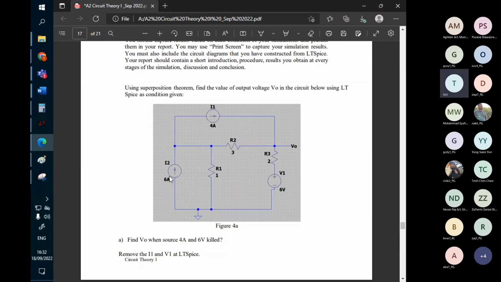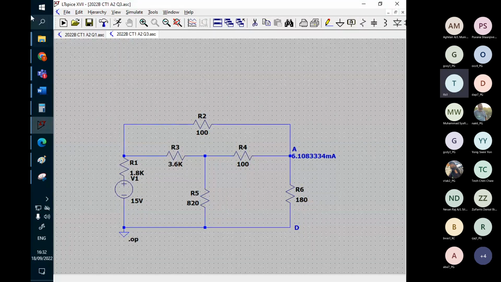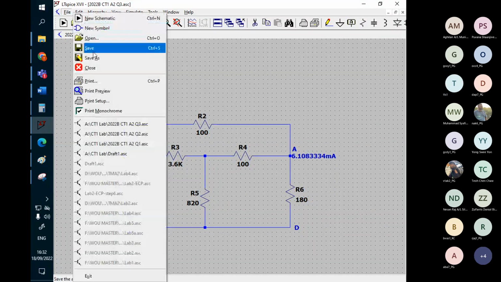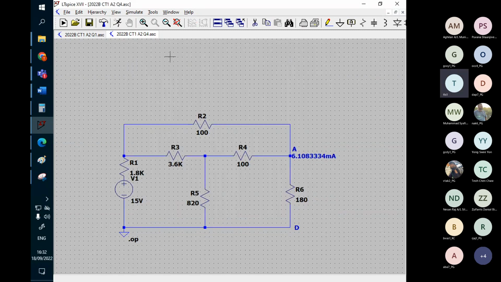We have a current source and a voltage source. Let's start from the current source. So this would be question 4. What can I do here?